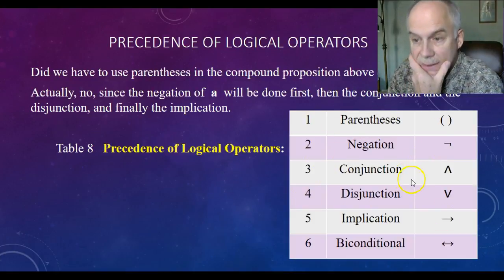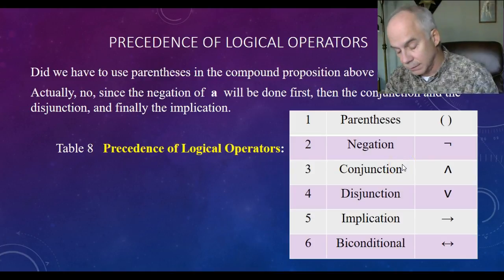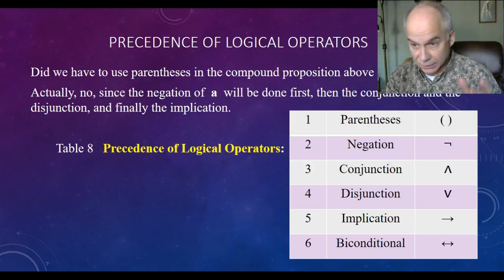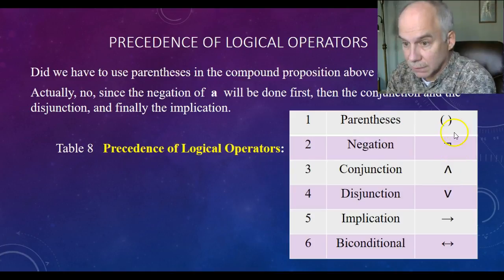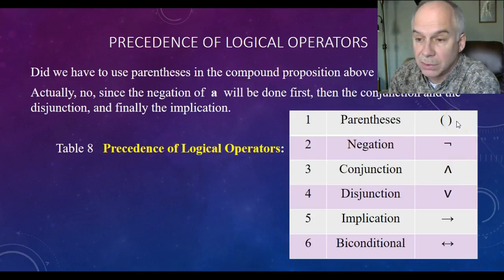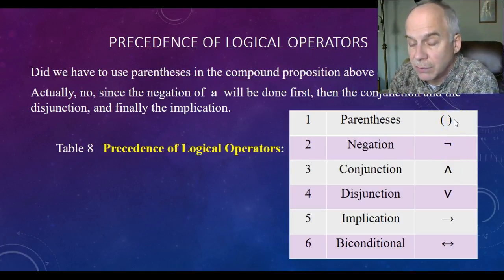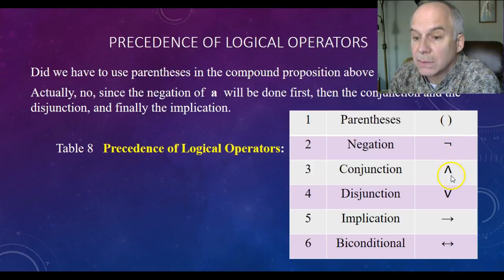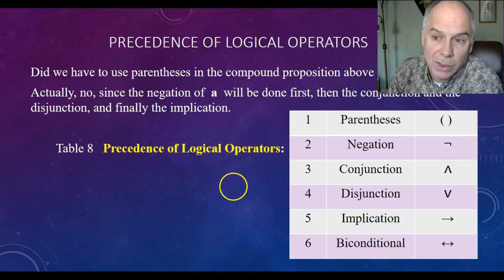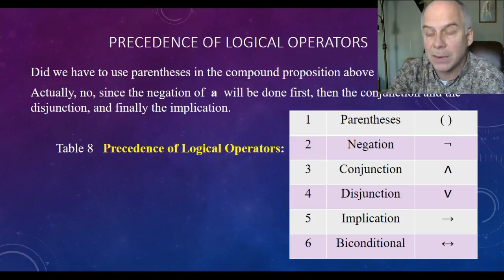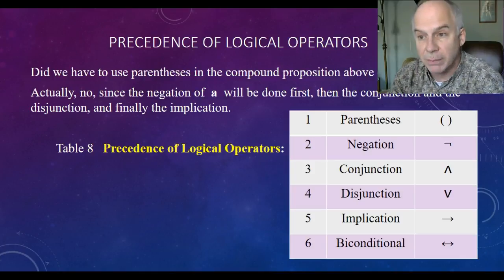And so just like in math, algebra, there's parentheses, exponents, please excuse my dear Aunt Sally, all of that. Well, in the same way, we have an order of logical statements. So parentheses are always done first, negations, then conjunctions and disjunctions, implications, then biconditionals. So you can tell when you need parentheses and when you don't.